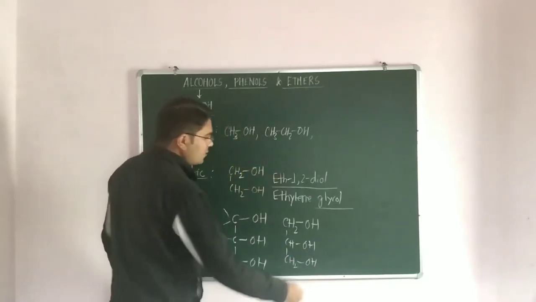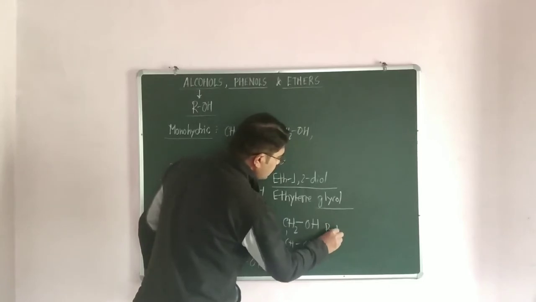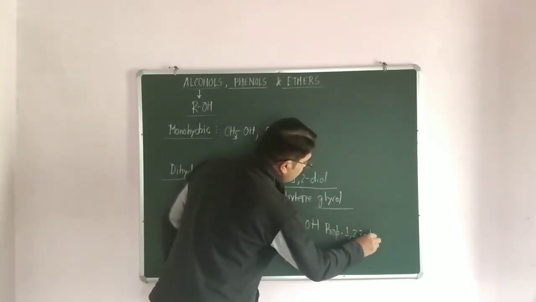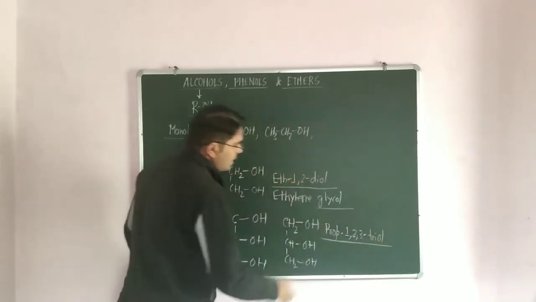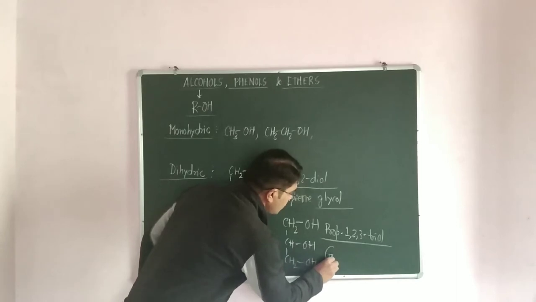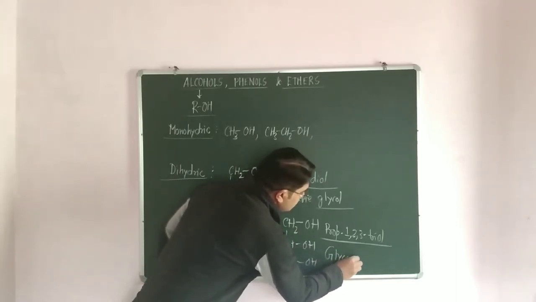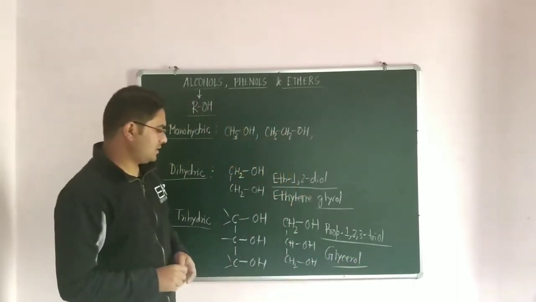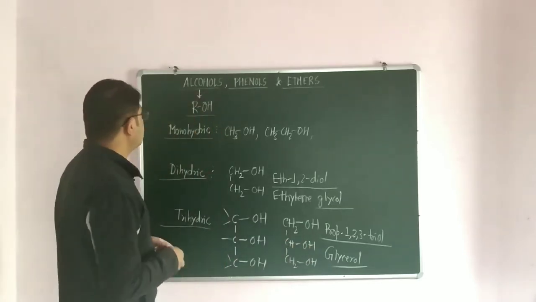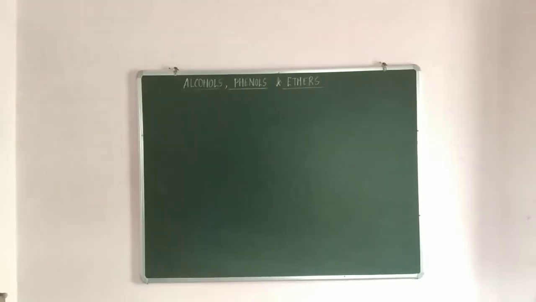By IUPAC it is very easy to write the name of this compound, that is propane-1,2,3-triol. Triol is the name, and again the common name of this compound is very famous. By common name it is glycerol, commonly known as glycerine also. So this is about alcohols.